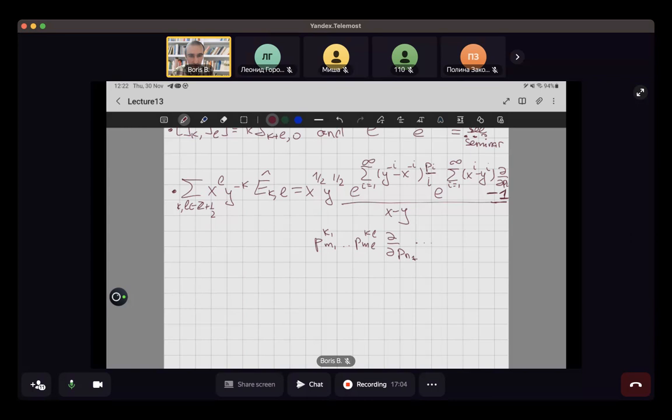So in the end, it is some linear combination of monomials in p and d over dp variables. So it's some operator, again in this Fock space. So I again skip, and it's a definition. Yes, it's a definition of this E operator.